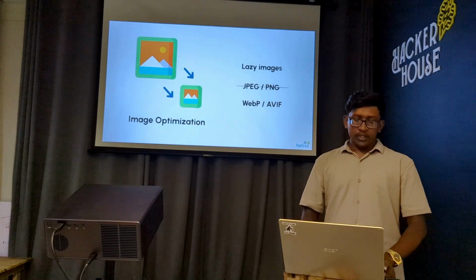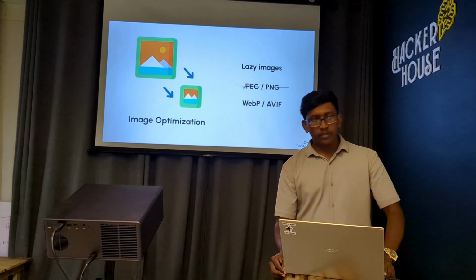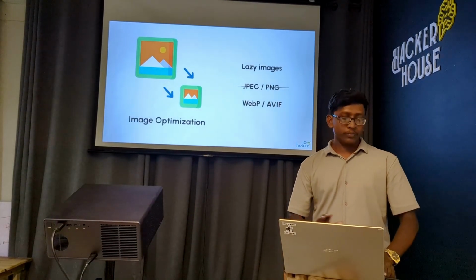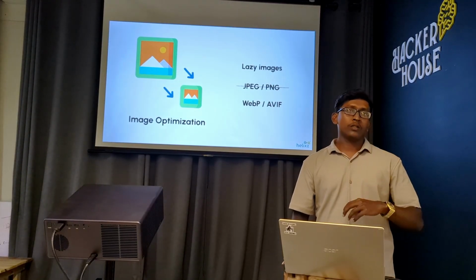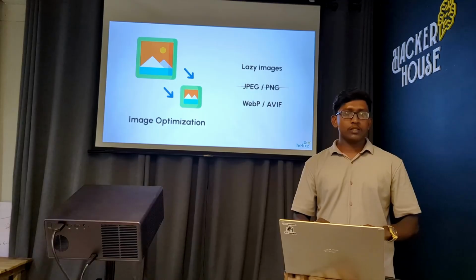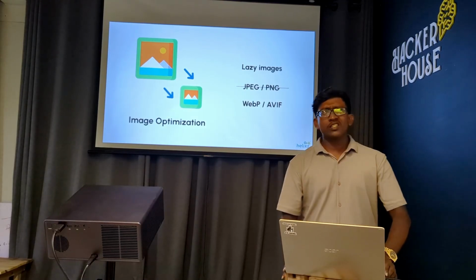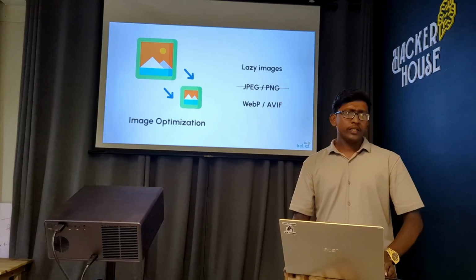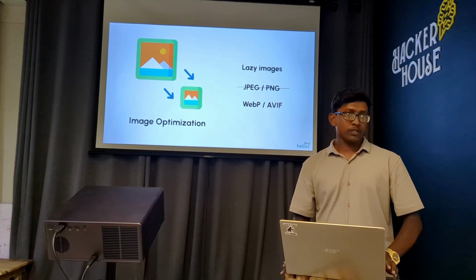And image optimization is a very big thing in the front end, because images can be huge. If large images are loaded into the front end, it matters a lot for front-end performance.